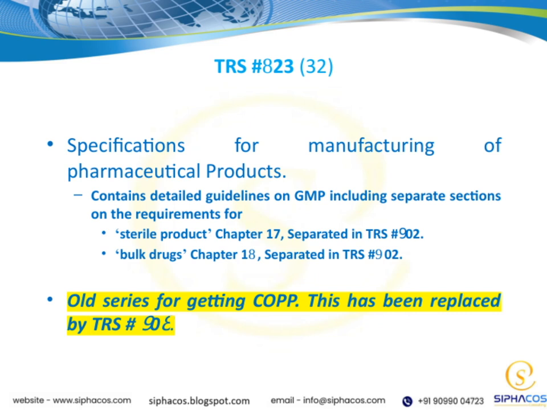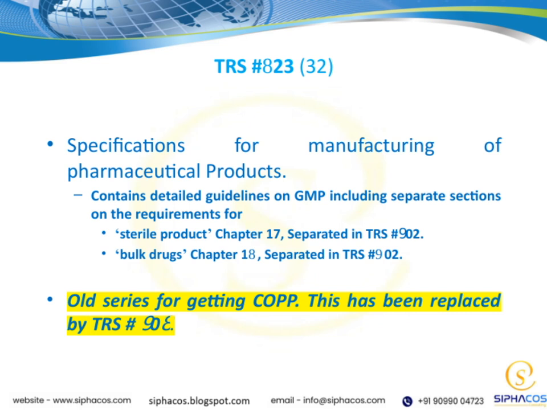Bulk drugs are the raw materials used to make final formulations, and their manufacturing process has specific standards to ensure purity and consistency. It's important to understand that the old series used to guide the process for obtaining COPP, or Certificate of Pharmaceutical Product, but this has now been replaced by TRS 908. Additionally, there's TRS 823, which relates to other important standards and guidelines.